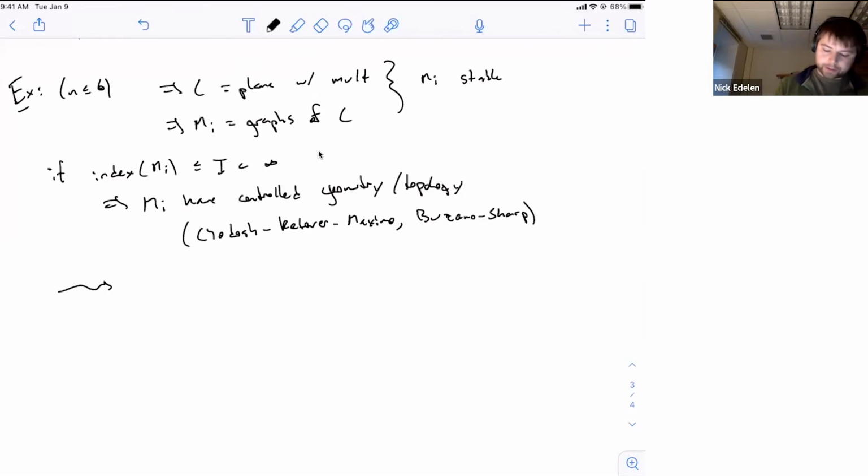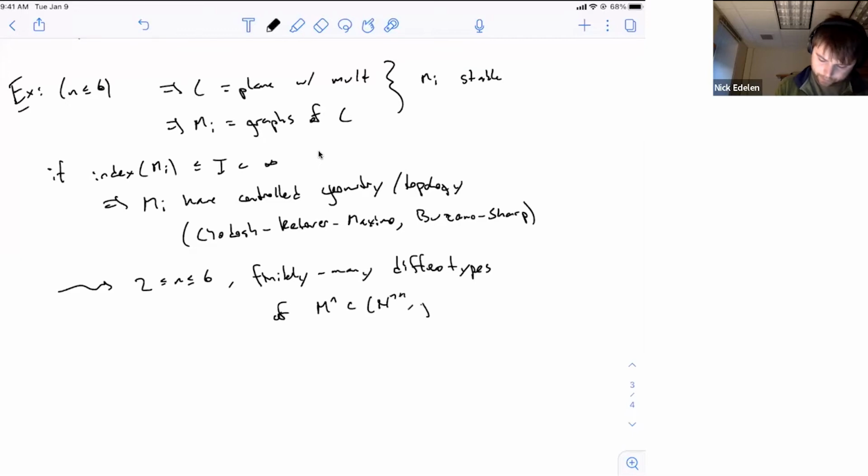Using this degeneration result, they were able to show that in low dimensions there are only finitely many diffeomorphism types of minimal surfaces inside a fixed closed Riemannian manifold whose area is bounded and whose index is bounded.